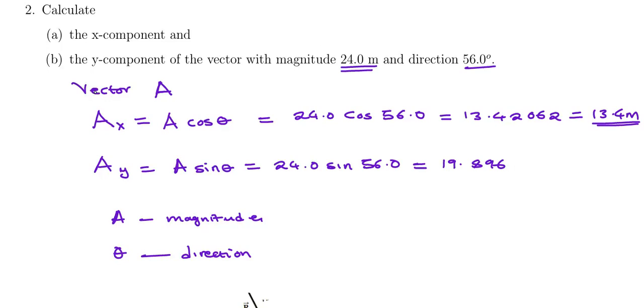Okay, we can end here. Now we are going to leave it in 3 significant figures, so we can start here. Since this is greater or equal to 5, we are going to put 1 here. So we are going to have 19.9 meters. This is our y component. So this is how simple you can find the x and the y components.